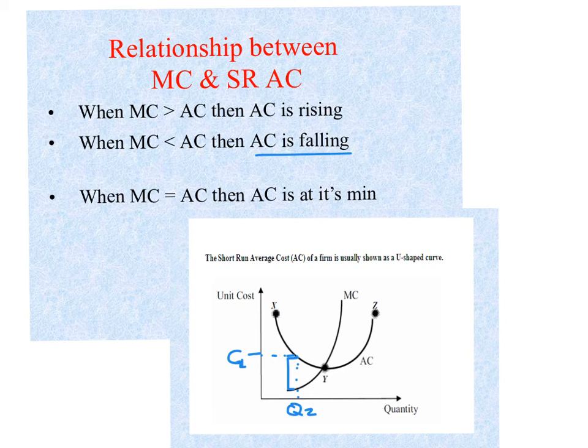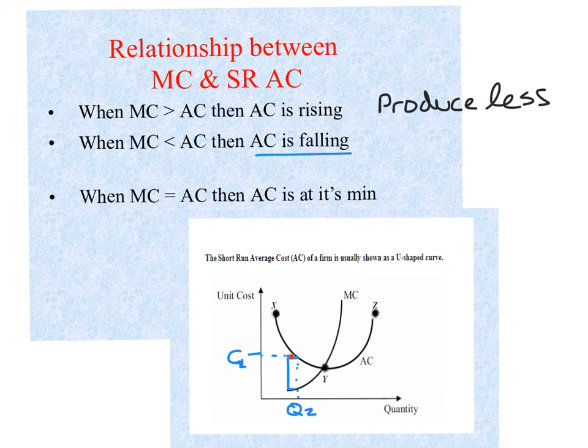Okay, so going back to the first one, when marginal cost is greater than average cost, average cost is rising, so what you need to do is produce less. If you imagine that's our 11th cake, we need to produce only 10, so reduce our production. When marginal cost is less than average cost, average cost is falling, so that's this part here.